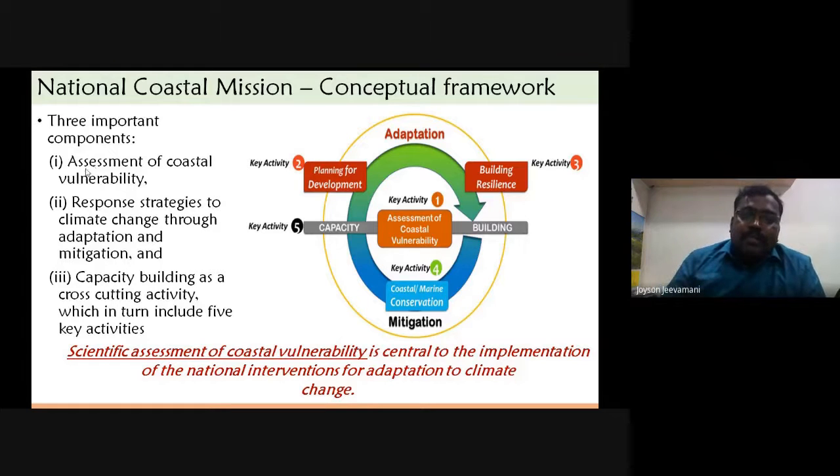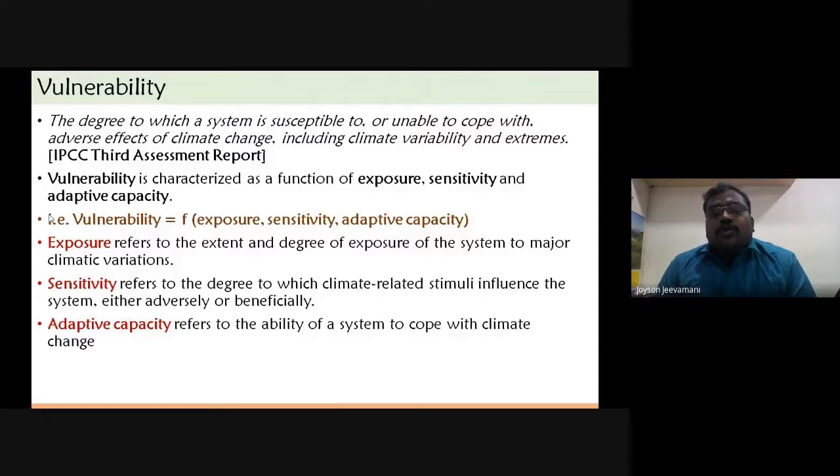So when we see all these things, the first thing that comes is coastal vulnerability assessment. That too, the scientific assessment of coastal vulnerability. It becomes a central part of interventions when we look at climate change adaptation. So with this, we can go into the details of vulnerability. We all know about the Intergovernmental Panel on Climate Change. The IPCC Third Assessment Report has defined what vulnerability is.